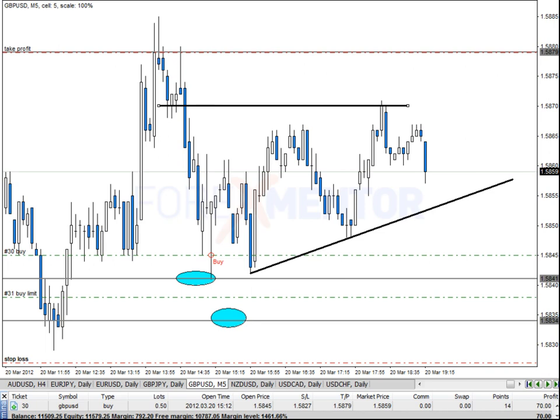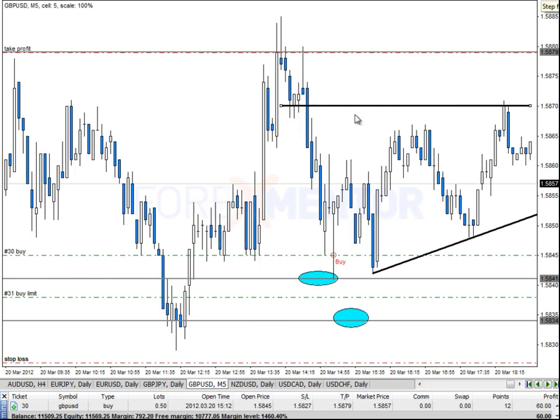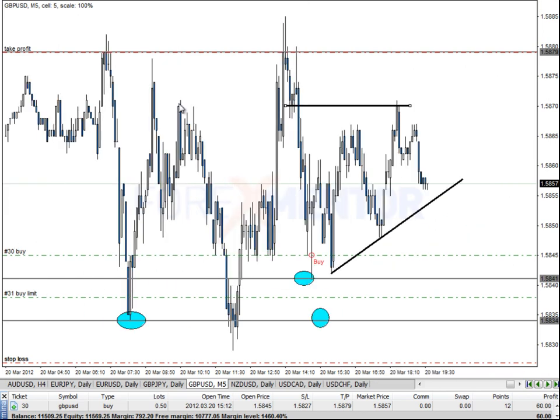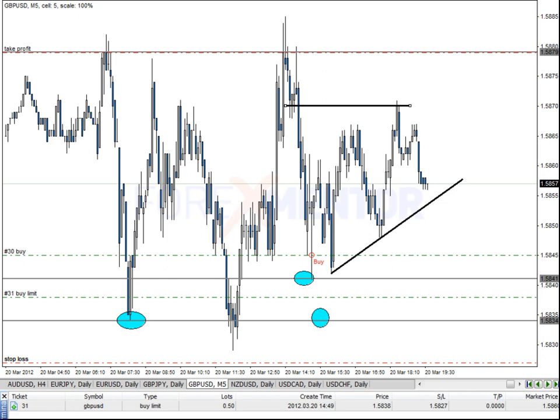We want to see, try and hold there. Just compress this and have a look at the overall structure. So left shoulder, head, right shoulder, filled around that first area, hasn't quite come down low enough to fill the second position. What I'm going to do is I'm going to now take this second order off.